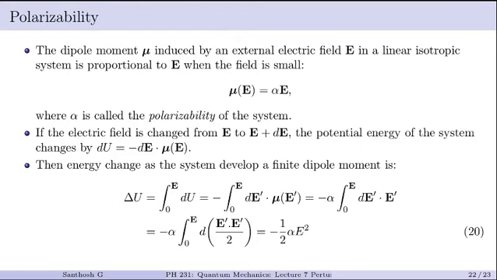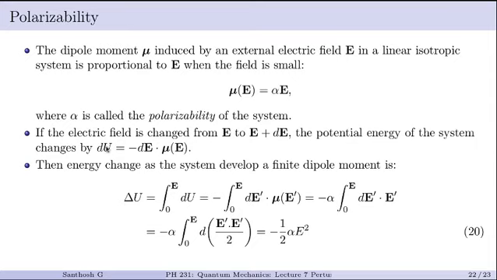Suppose you have a linear isotropic material and you place it in an electric field, and an electric dipole moment will be induced in it, and it will be proportional to the external electric field, and so the induced dipole moment is given by this expression, where mu is equal to alpha times E, and this alpha is called the polarizability of the system.